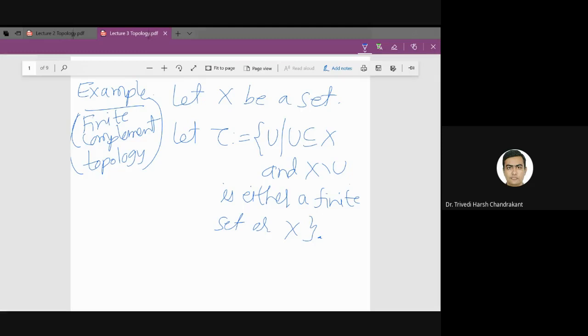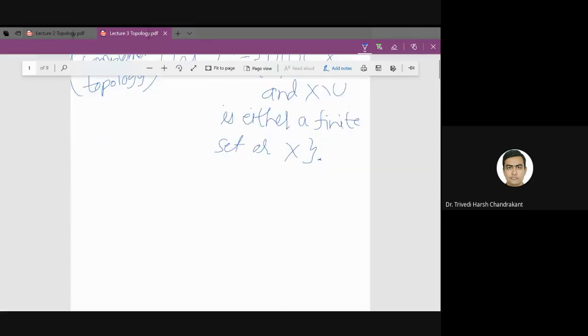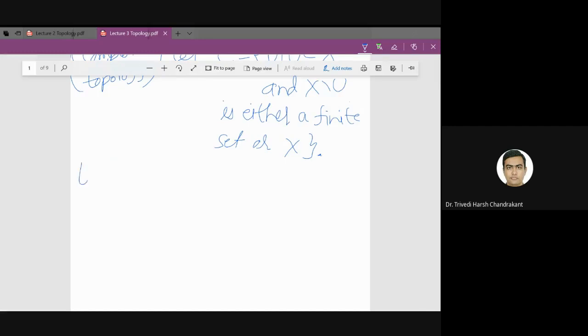So we need to verify whether all these three properties are satisfied for this tau or not. So let us verify, check.